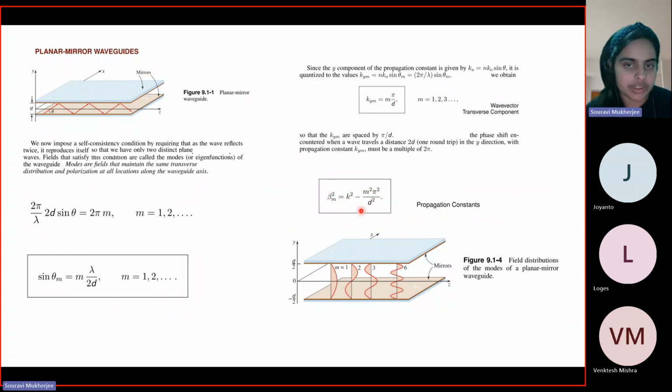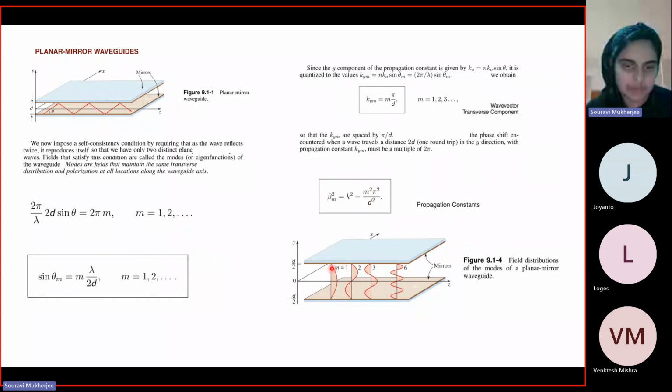Now, this is already telling you that not all waves can transmit, right? If you want to understand pictorially what it means, different values of m correspond to different modes of your waves.